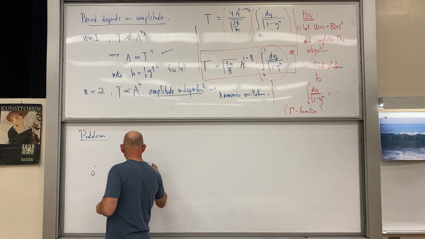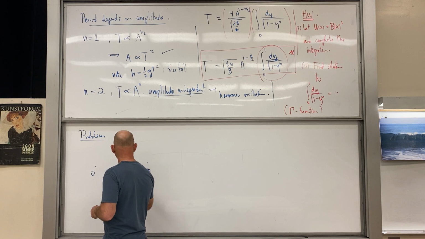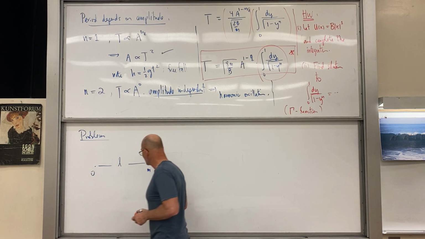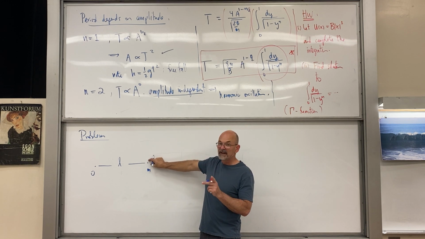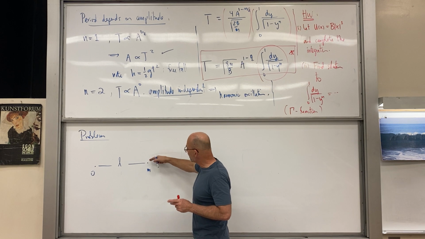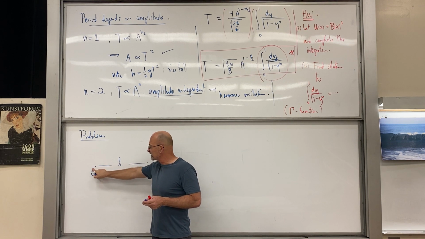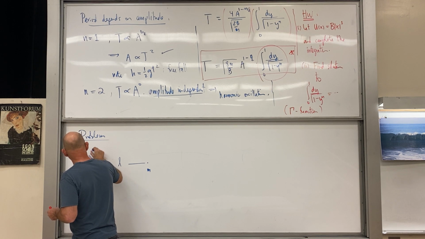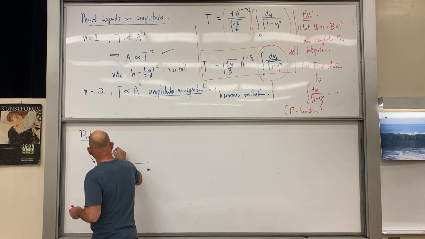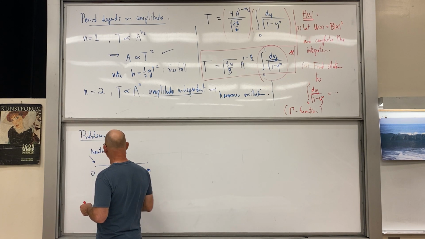And we have our little mass here, and we're going to start out at a distance L. The problem is, we're releasing our particle m at time t equals 0, from rest, and we want to find the time it takes to be attracted to this Newtonian center of gravity.